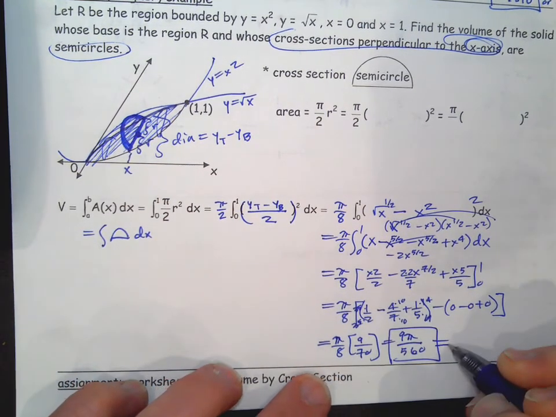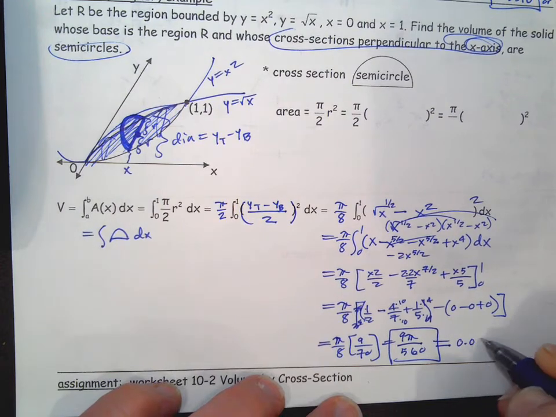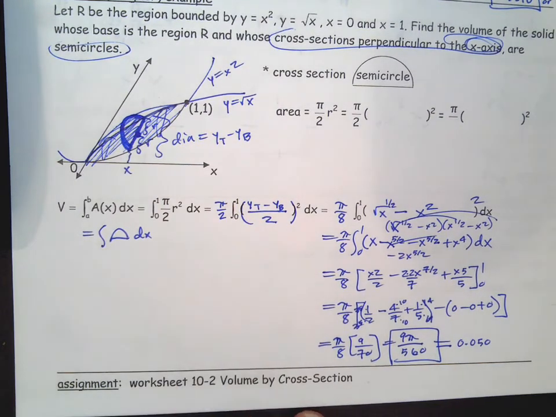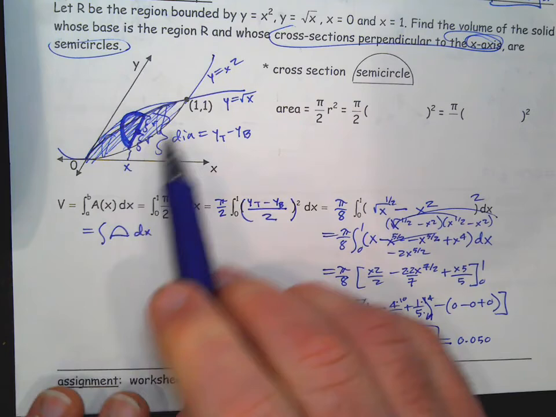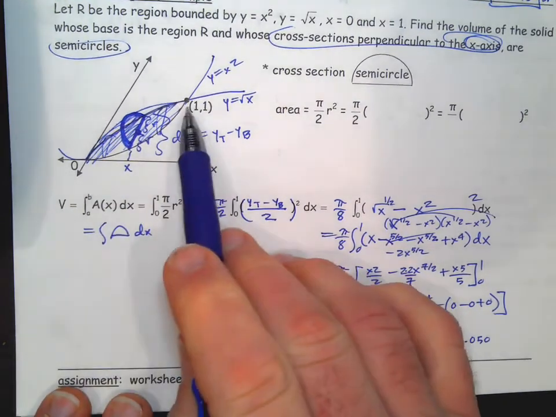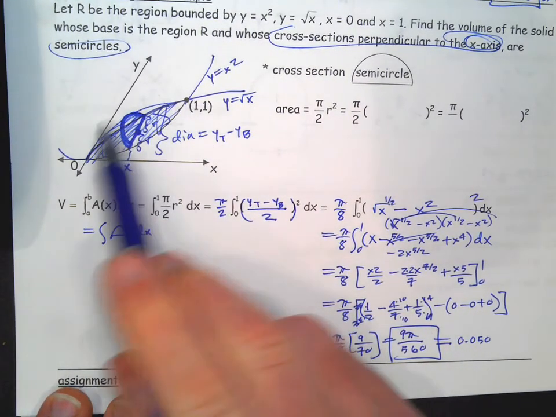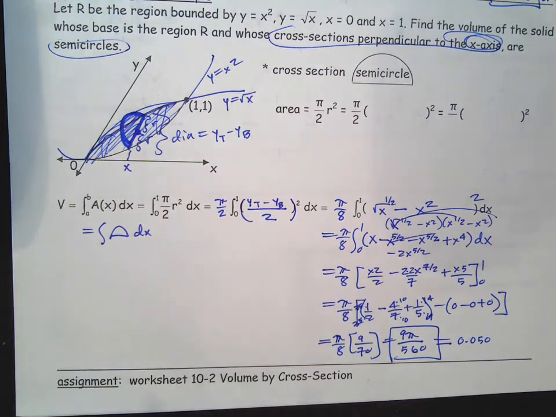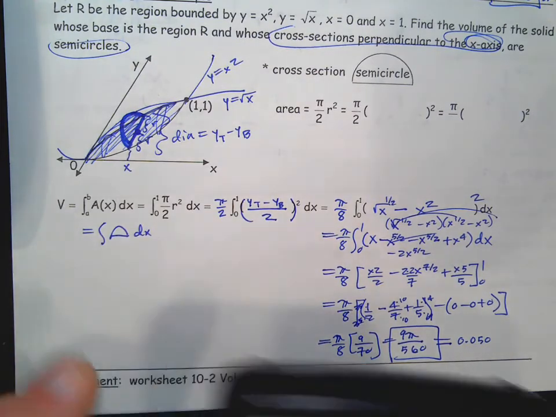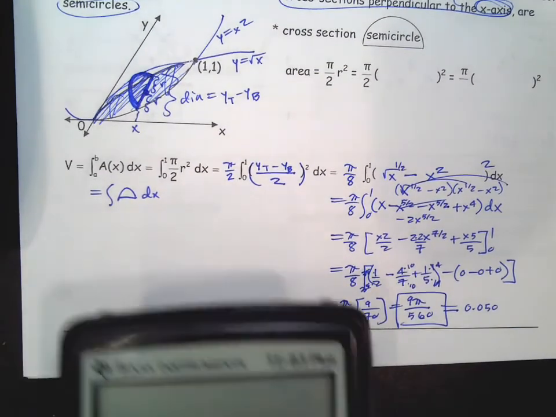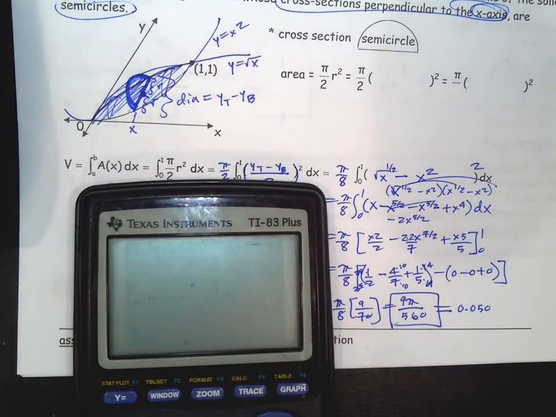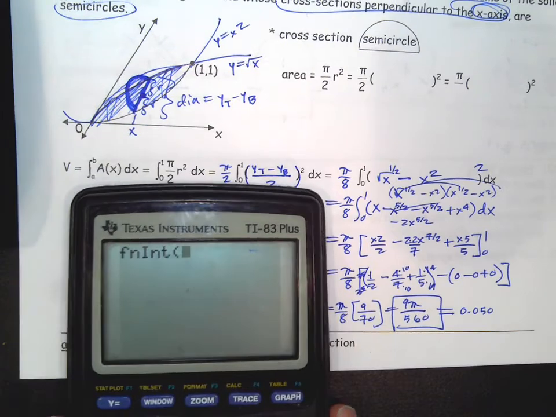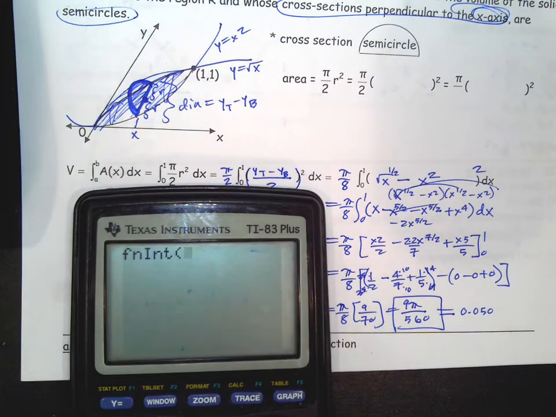On your calculator, the decimal is going to be 0.050, which is really small, right? But you can imagine this is all fitting into one unit, 1 cubic unit. This is a tiny piece of it. Now, of course, we could do this on our calculator, which, as soon as you're allowed to, you might as well do it on your calculator. So I do math, 9, and you could put the pi inside, or you could keep it outside.